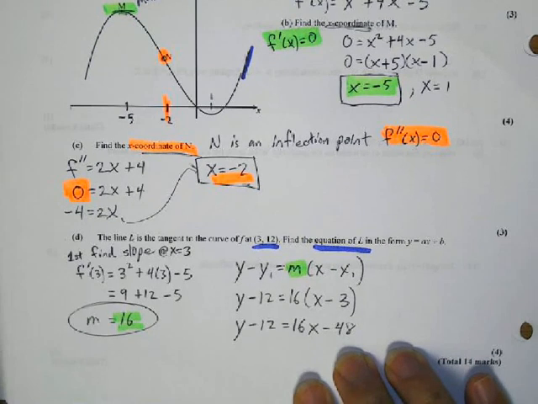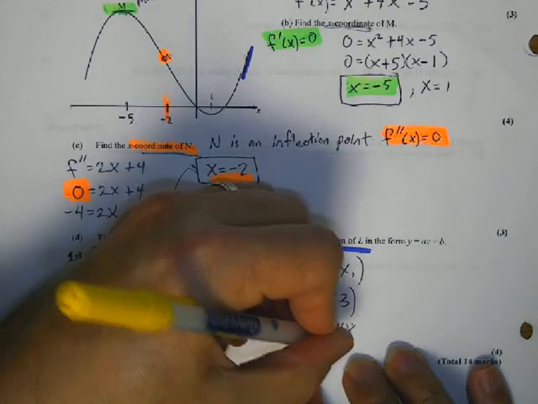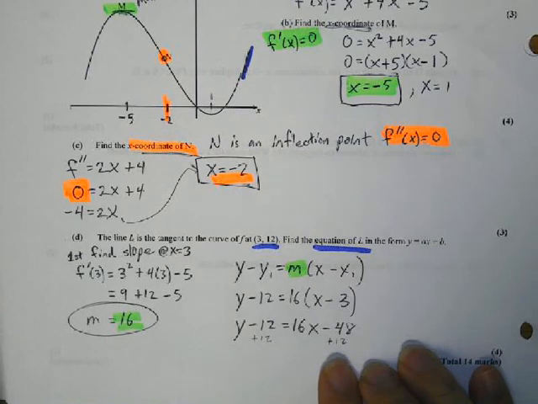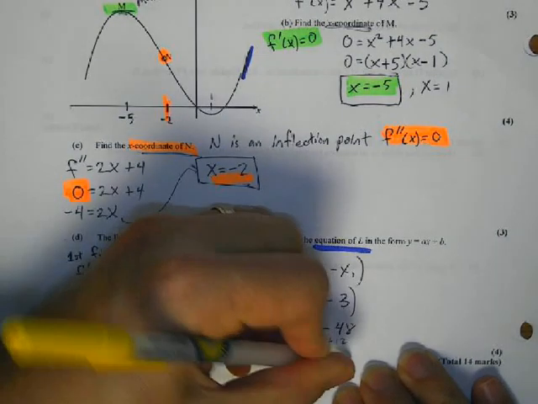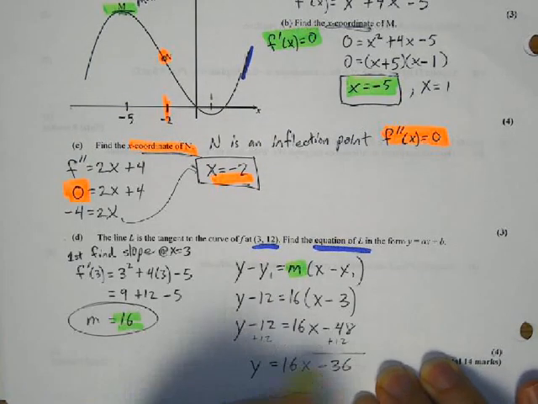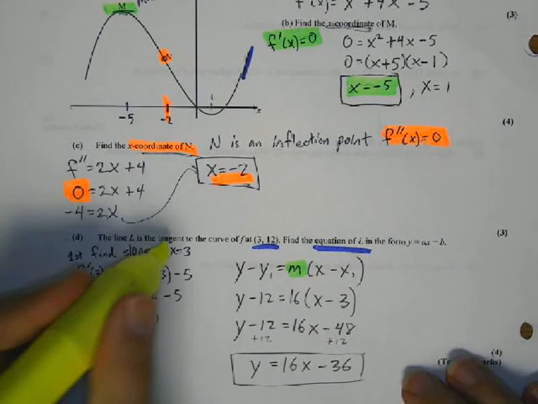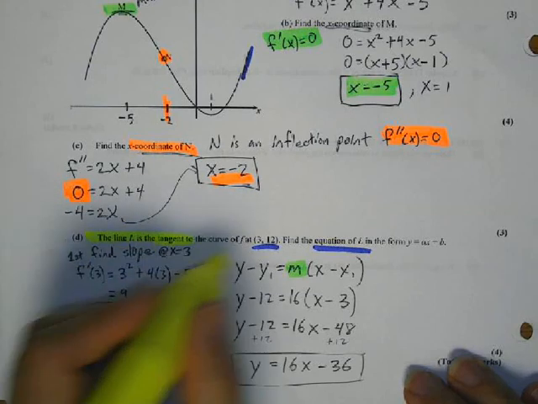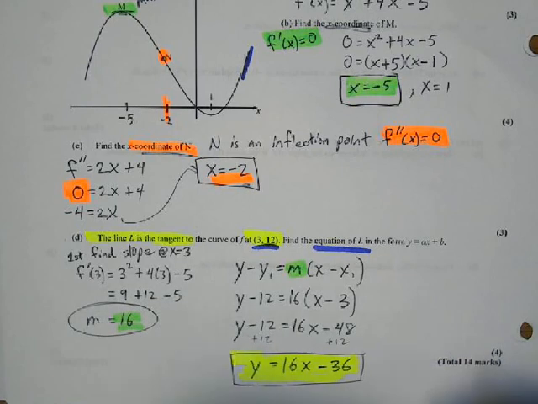Okay, and now I'm going to add 12 on both sides. And negative 48 plus 12 is going to give me negative 36. So I have y equals 16x minus 36. And that is the line tangent to the curve at that point in this form. Okay. The next 2 pages I will do on the part 2 of the video.